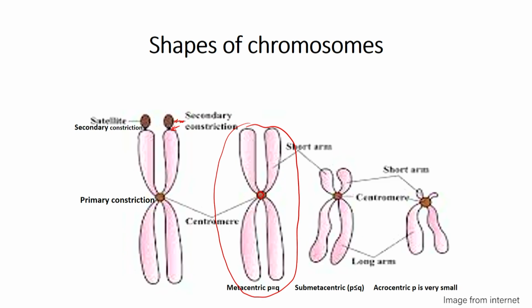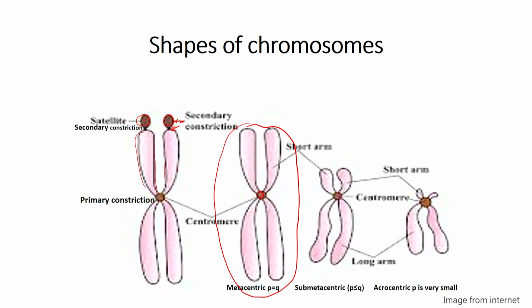This is the main body of the chromosome. This part appears separated from the main body, and that is why it is called a satellite. Satellites are those which are separated from the main body and still have a relation.